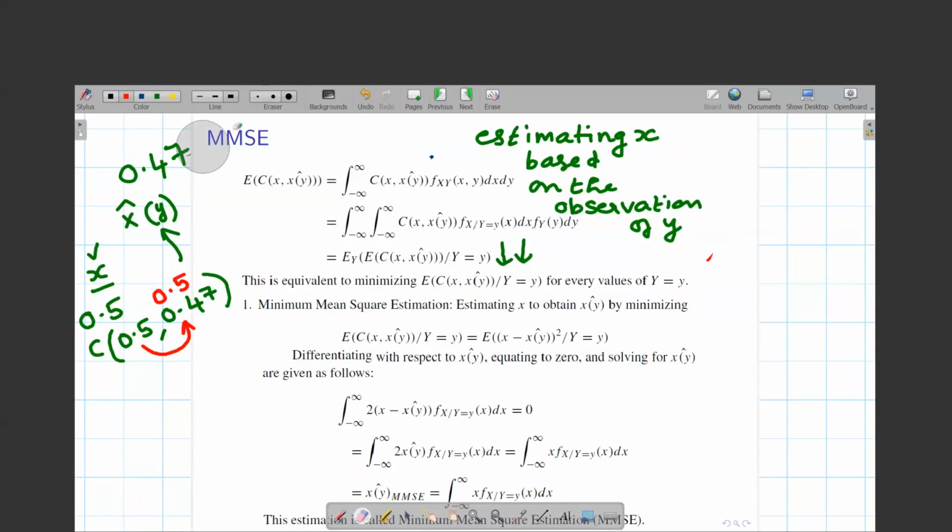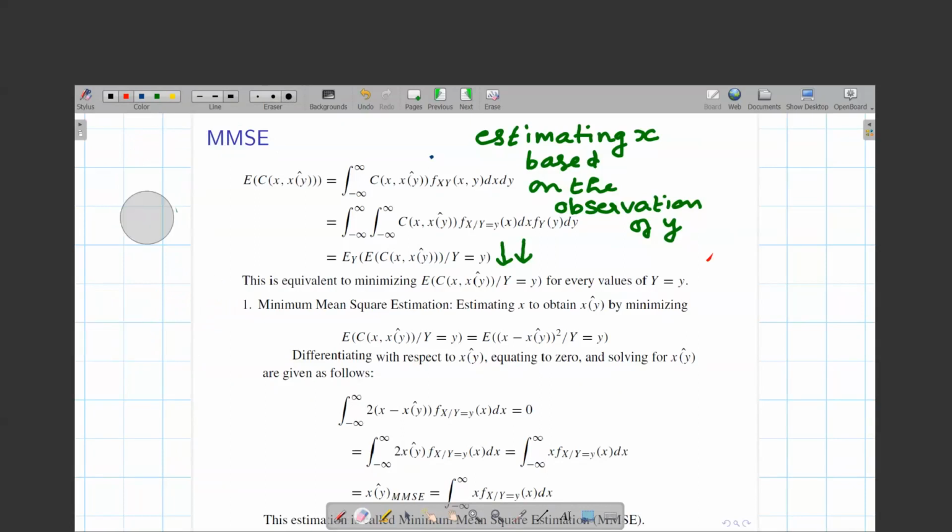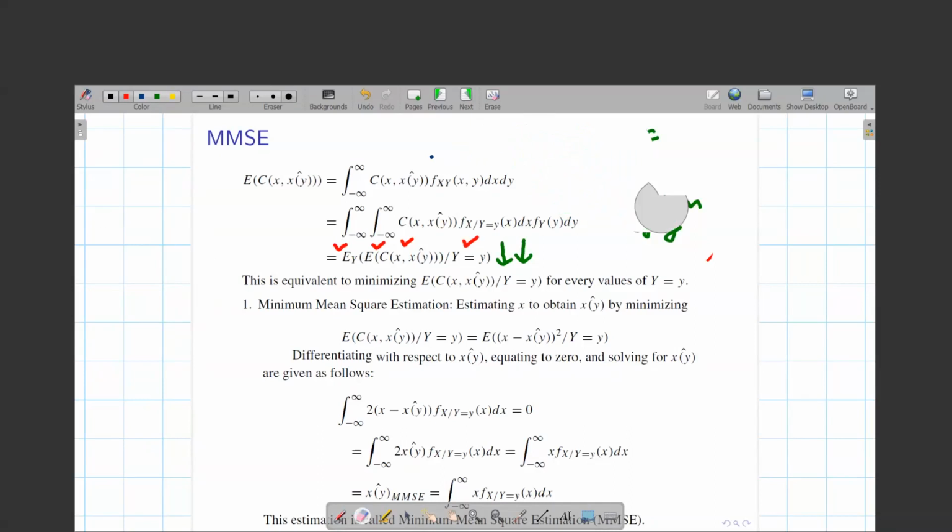So you are trying to minimize this cost function. For every value of y, we are trying to minimize this cost function in an average sense, taking the expectation over all possible values of y. This is the trick I told you a little earlier. To minimize this, what we can do is minimize what is in the inner part, for every value of whatever you observe. It is a penalty.